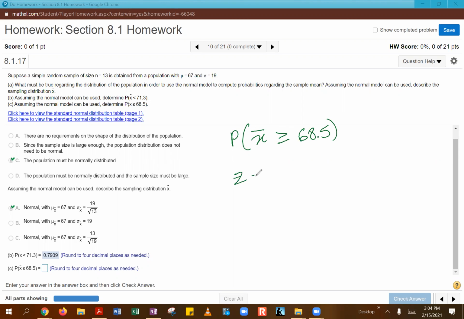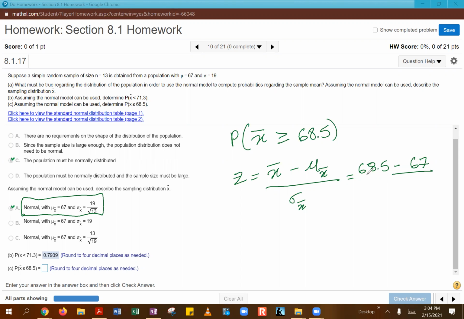So same formula, X bar minus mu sub X bar divided by sigma X bar. We have 68.5 minus, again, using these same values from our second question here, which will be 67 for the mean, and standard deviation is going to be, let's see, 19 divided by square root of 13.